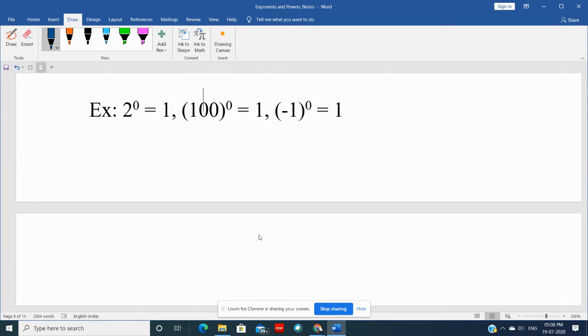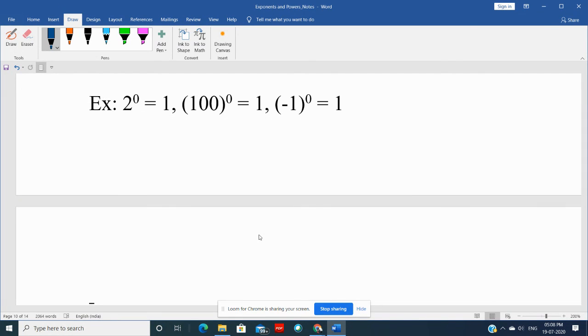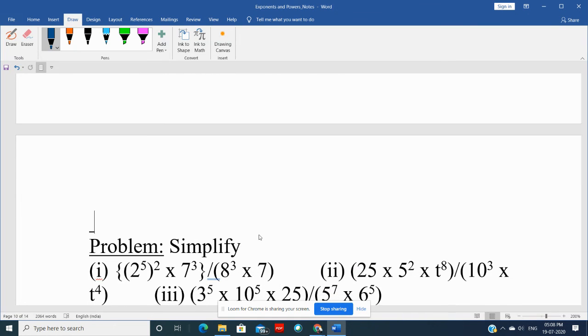Be it a positive number, negative number, a one-digit number, two-digit number, three-digit number, whatever it can be. It just shouldn't be 0. That's it. For every other number, if there is a 0 power, then the answer is 1. You don't even have to show the calculation, because there is no calculation to show.